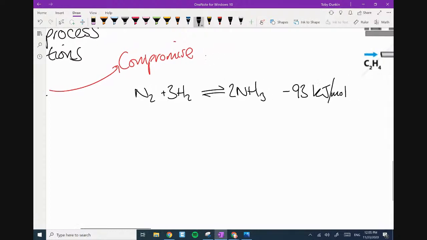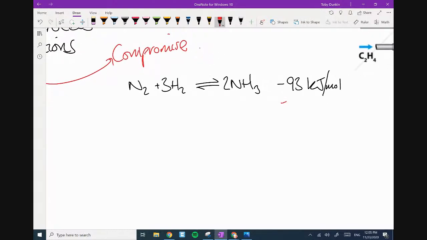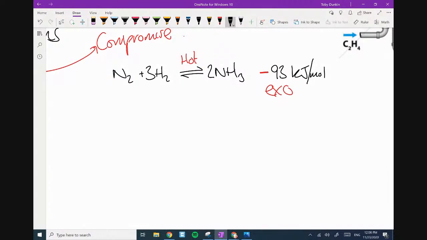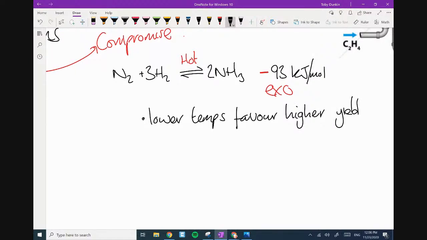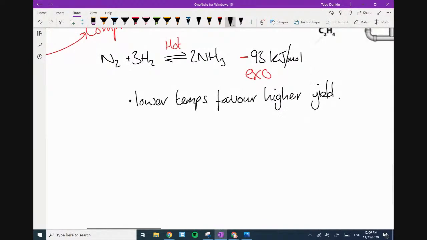Now this immediately tells us exo, this is hot. The forward direction is exothermic. What that means is, bullet point, lower temperatures favor higher yield. Let's just prove this with COFC.